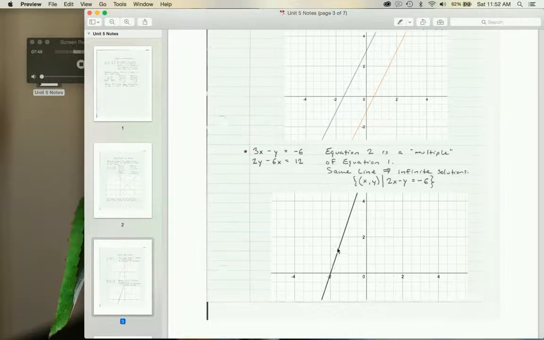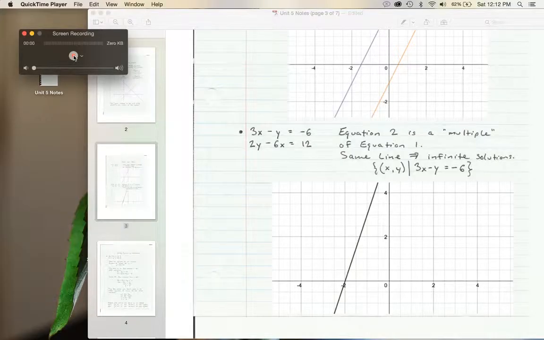And infinitely many points make up a line. So we have infinitely many solutions in this case. If your two lines are graphing one right on top of the other, they're intersecting everywhere. And this means that this system of equations has an infinite number of solutions.